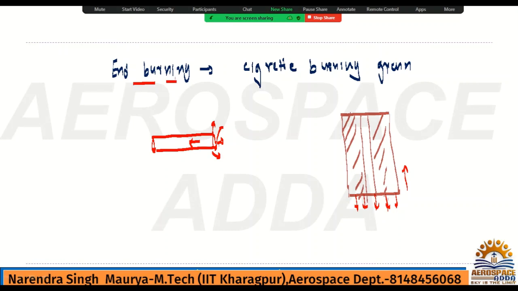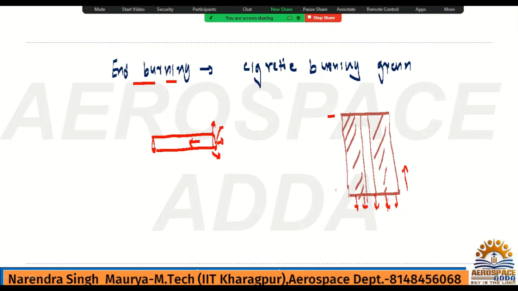In this case, this type of burning condition you will apply where low thrust is required, with a low performance rocket engine and long burning time, because if the grain is lengthy, obviously it will take time to burn completely.